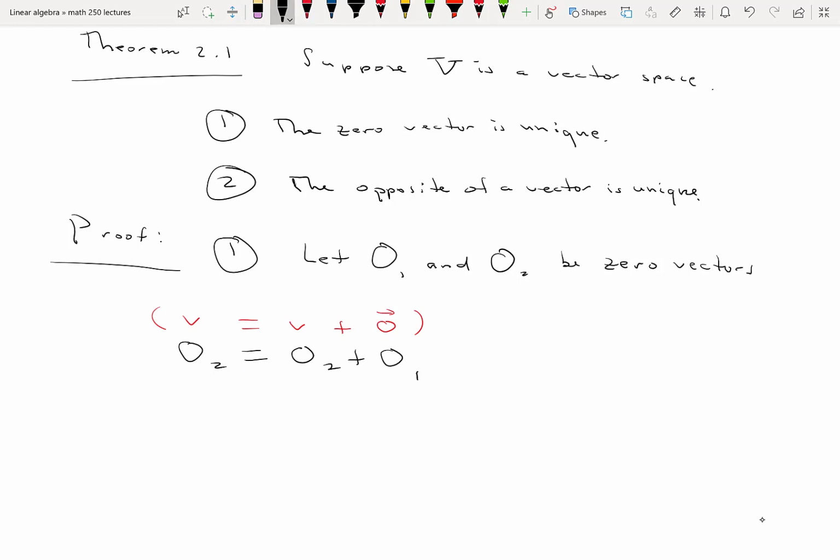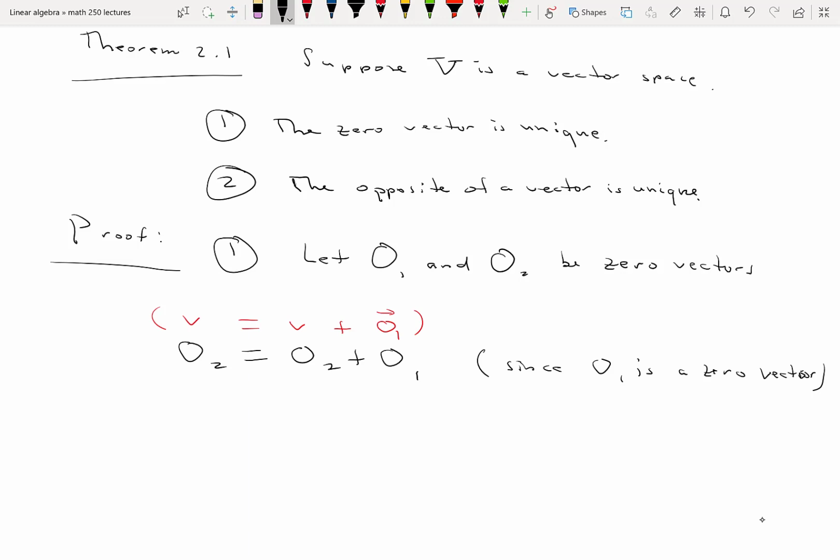Even better, v equals v plus 0 sub 1. It's true because 0 sub 1 is a zero vector. You add it to something, you don't change the thing, even if you add it to the second zero vector.